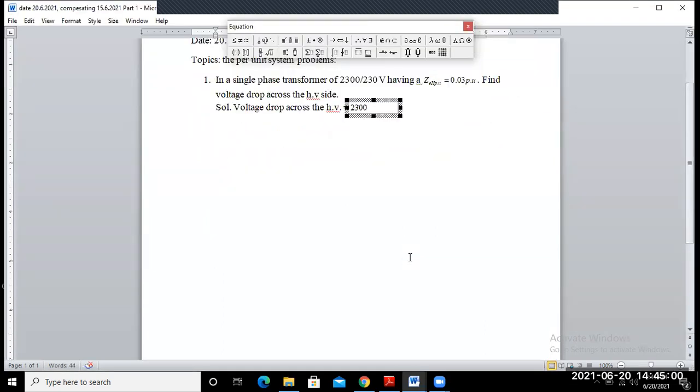So the voltage drop across the HV side is equal to 2300 into 3 divided by 100. The 3% voltage drop is because the impedance is given in per unit as 0.03 per unit. So 3 divided by 100, equal to how much?